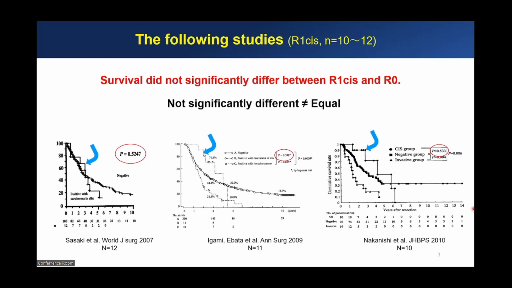Please take a look at these three survival curves. Interestingly, almost all the R1 patients died of disease, especially at 3 to 5 years, the survival is reduced like this.